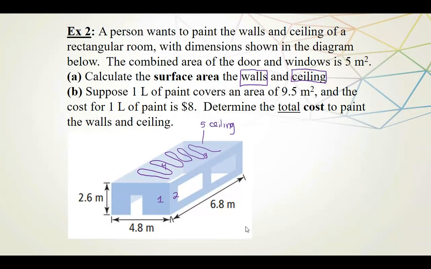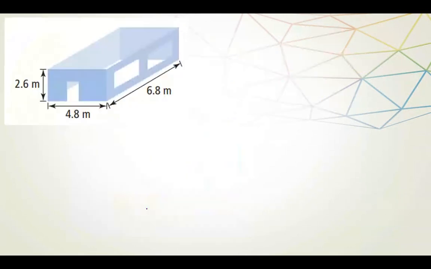Okay, so let's start off by doing that. Let's calculate the surface area of this. Now, it does tell me the combined area of the door and the windows is 5 meters squared. So we're going to have to remove that area after we figure out the total area of the front, the back, the left, and the right, and the top. We'll deal with that in a moment. In fact, I'll even write that down here.